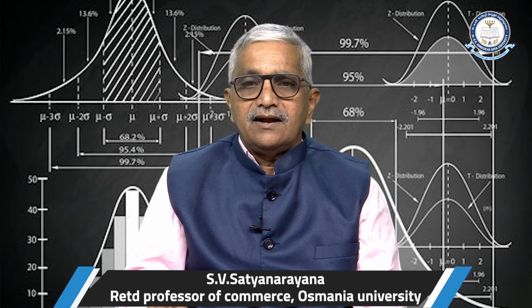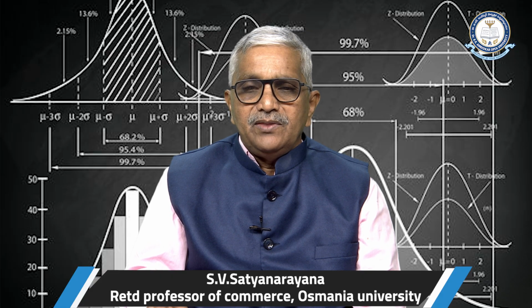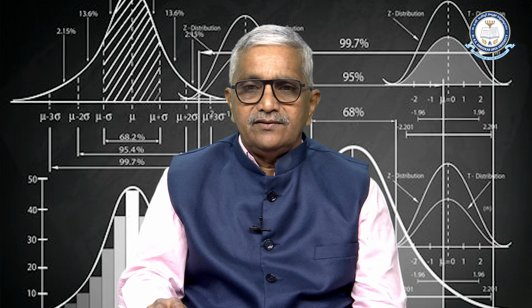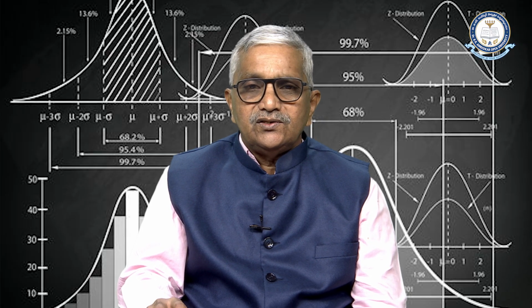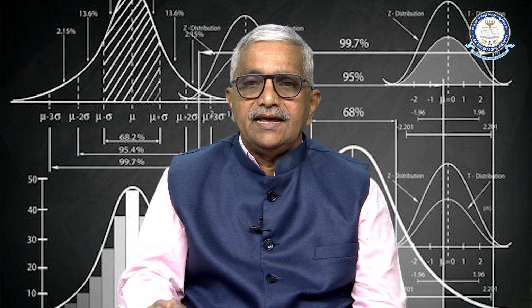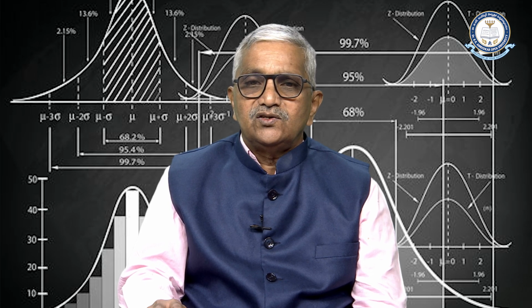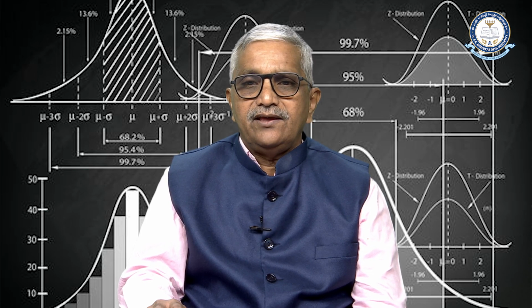If the data are not normal, we have to normalize them before taking a decision, before calculating the other values. So, skewness helps us in understanding the normality of the data set, and hence skewness is very helpful in further statistical calculations. Thank you very much.